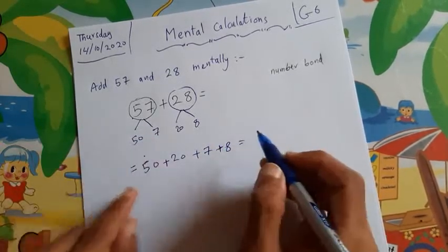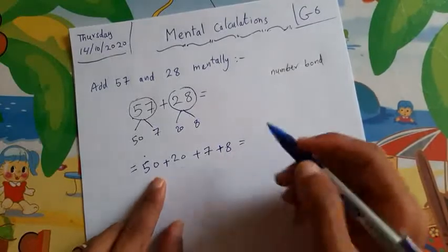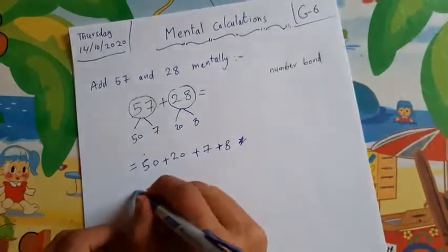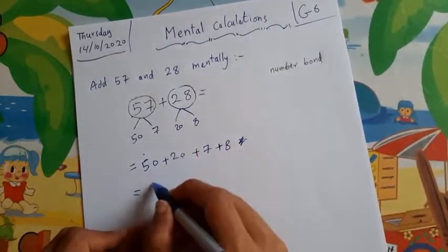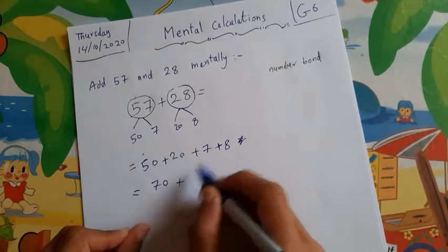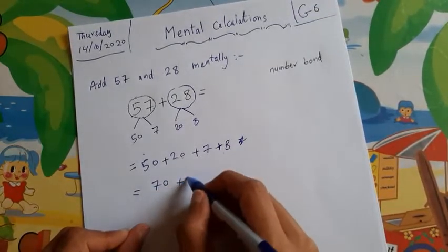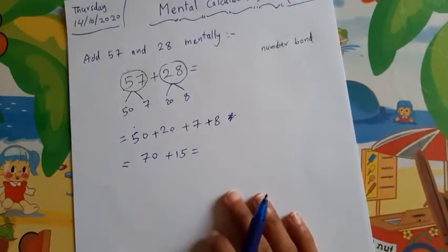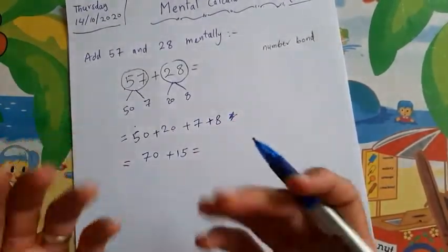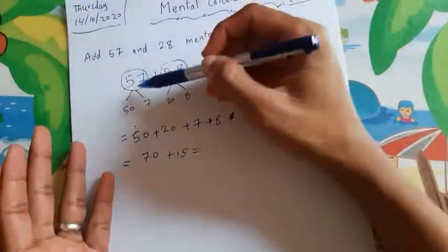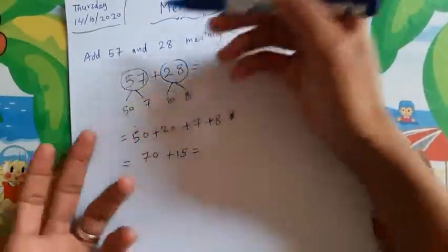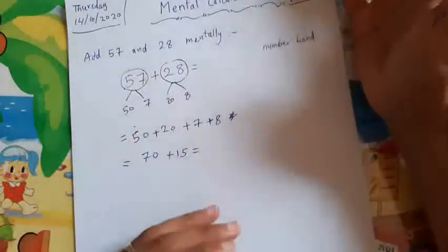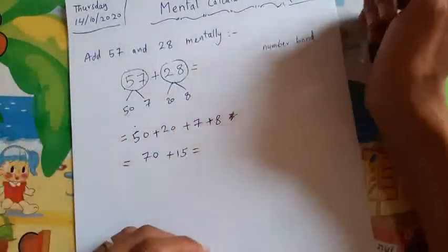So I'm adding the ones with the ones, the tens with the tens. It's going to be what? 50 plus 20, 70, right? 7 plus 8 is 15. So in this way, I used my mind to think about how we can split the numbers into number bonds and add the tens and the ones separately.